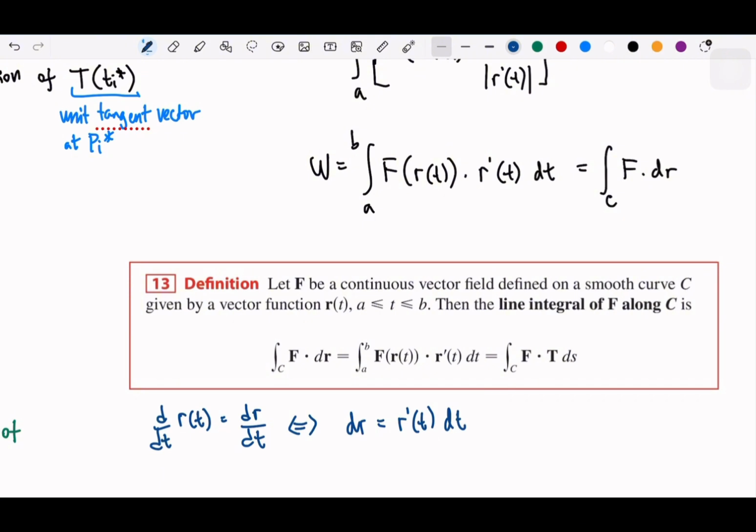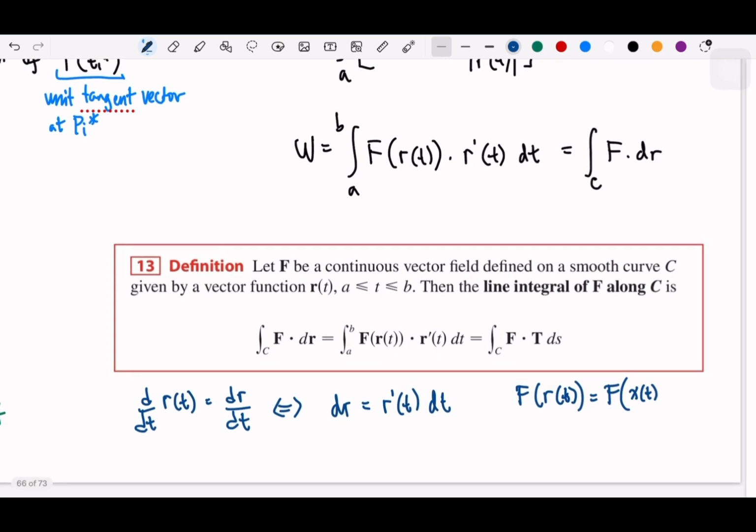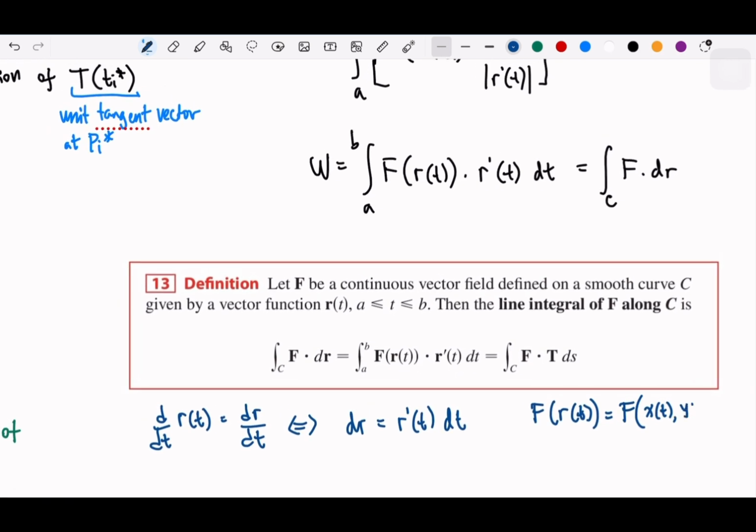Just from the chain rule, differentials are the same thing. And this f, we just put the r, the parametric, into the vector field f. So f(r(t)) is just an abbreviation or simplification from the parametric.